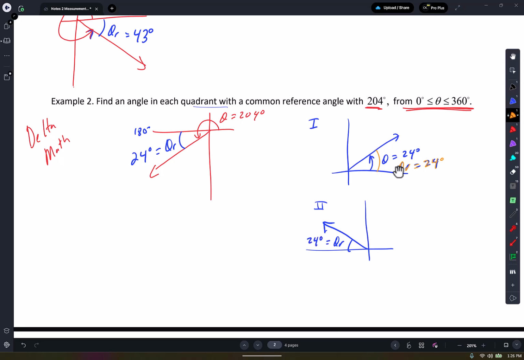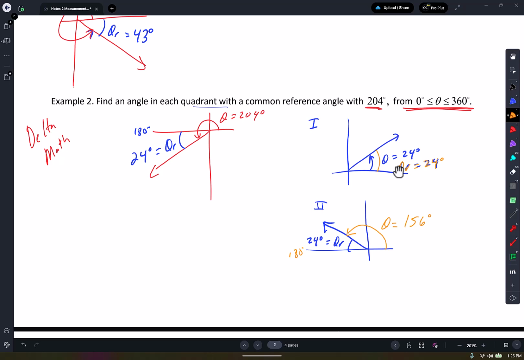I want to know what this angle is. What do you think that angle is? Subtract 24 from 180: 170, 160, so 156. Perfect. Do you see how we did it?